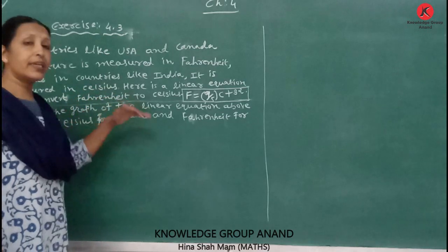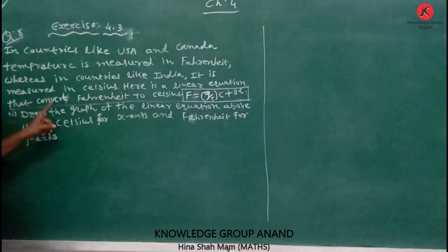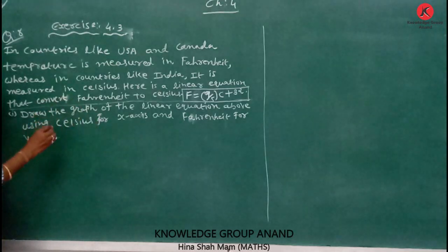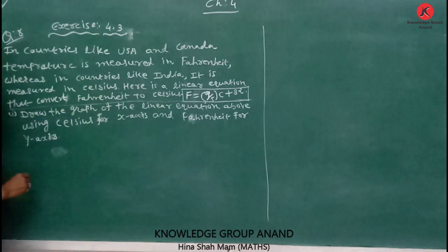In this question, there are 5 questions. Now, question number 1. Draw the graph of the linear equation above using Celsius for x-axis and Fahrenheit for y-axis. Here we take x, making a table.